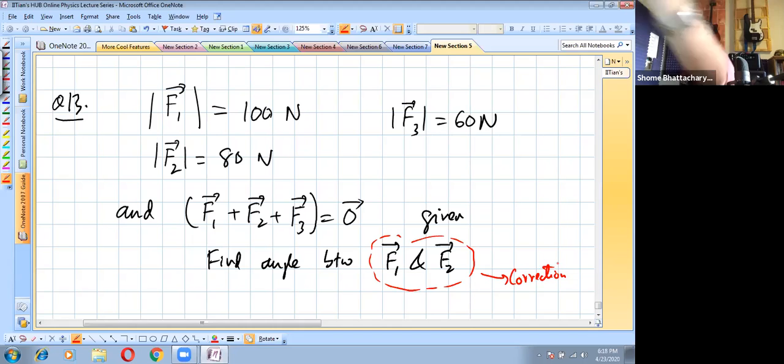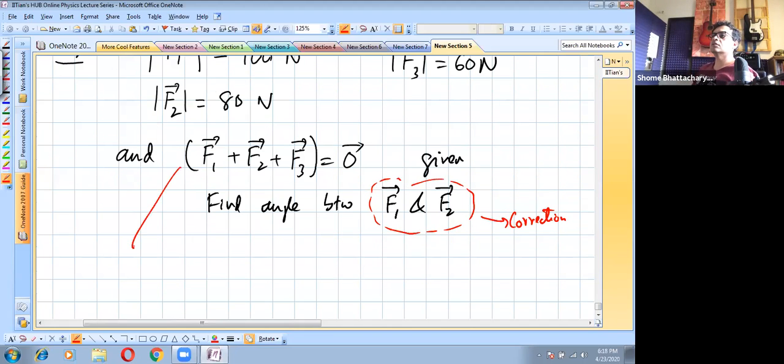Anyway, so now how will I approach this problem? Let's understand. So this statement over here means that F3, for example, is minus of F1 plus F2.